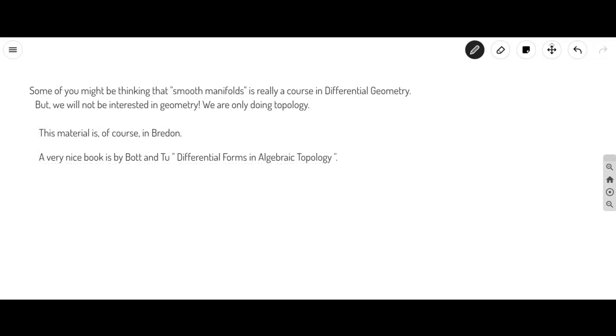The book has a very interesting theme. It is a book in topology, and they do topology by using differential forms. So they do topology of smooth manifolds, and the calculus tool that they use is called differential forms. Differential forms is how you do calculus on a manifold.